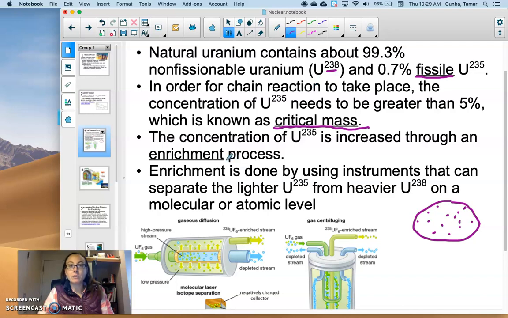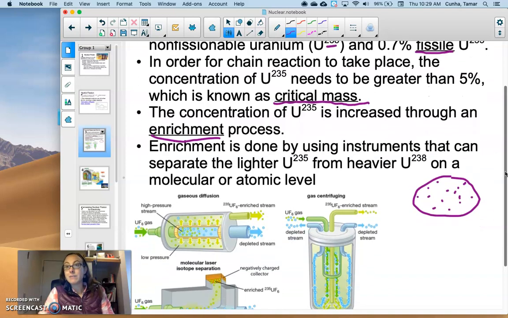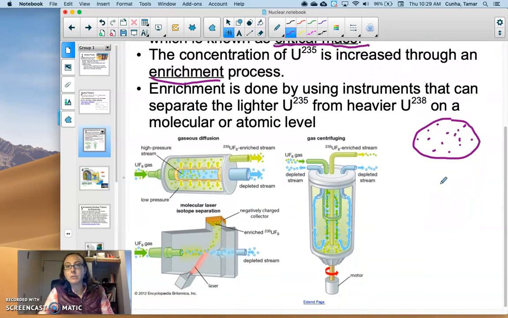And so what we do is a process called enrichment, where we're basically using particular instruments that would separate out the slightly heavier 238 from the slightly atomically lighter 235.